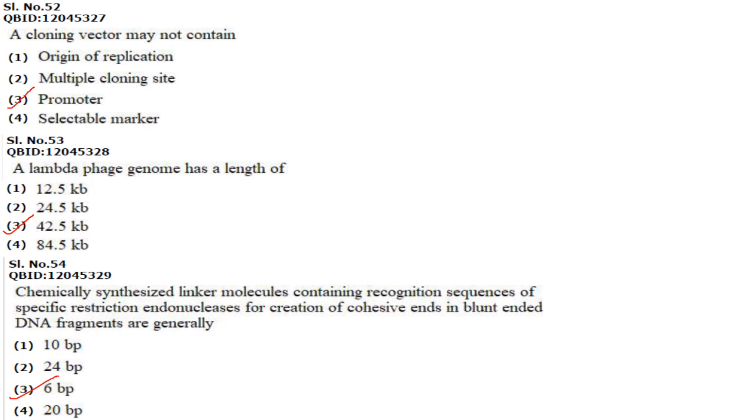They contain recognition sequences of specific restriction endonucleases, and they are used for the creation of cohesive ends in what kind of fragments? In blunt-ended fragments during cloning experiments. So the answer here is option 3, that is 6 base pair.